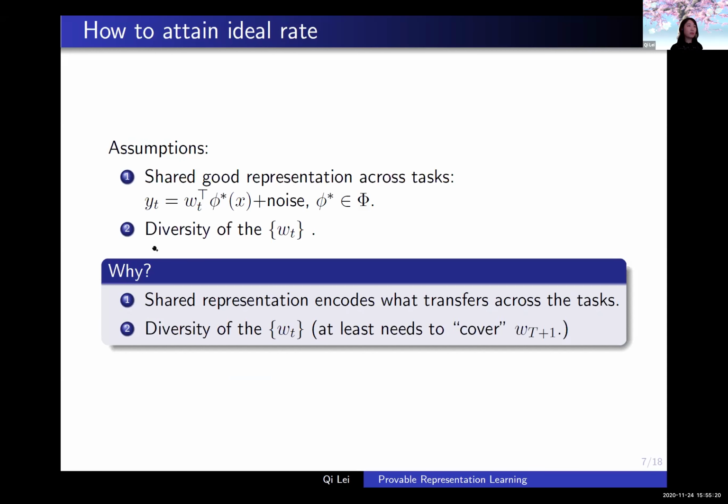We also assume there is some diversity in the w_t, meaning that the last layers should have some diversity. Why? A shared representation helps us encode what is transferred across the tasks. Simply put, if there is no such good representation, there is no way you can learn it. And the diversity of w_t is needed to make sure it covers the final linear layer of your target task. If it doesn't cover it, you cannot learn it.